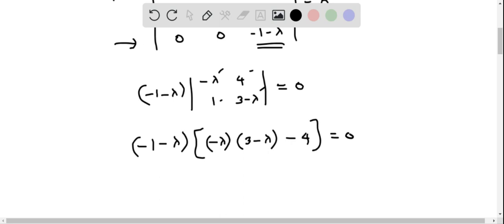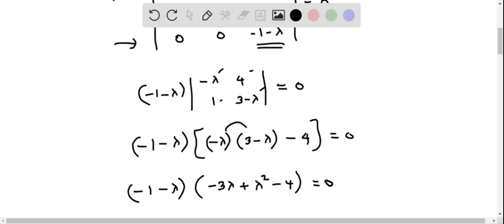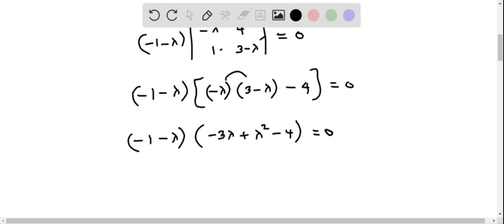And this equals 0. Let's simplify this by distributing this negative lambda. This becomes negative 3 lambda. Negative lambda times negative lambda is positive lambda squared, and then we have negative 4. This equals 0.